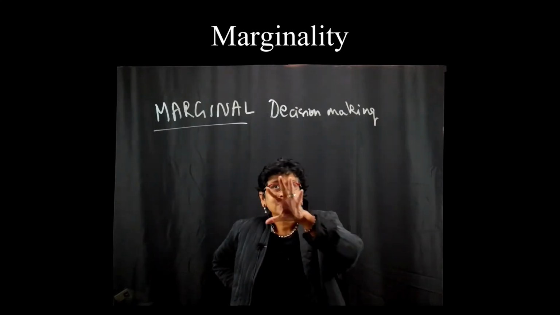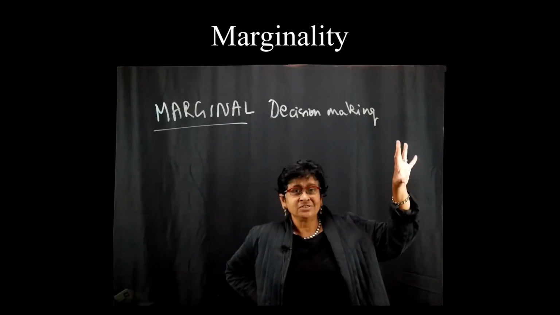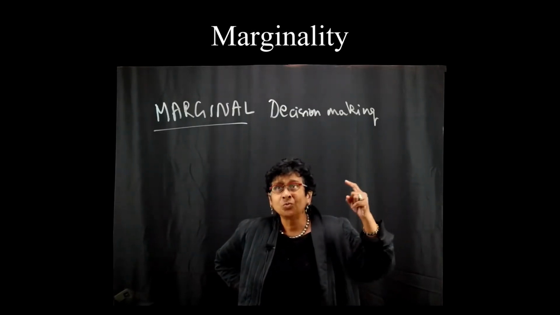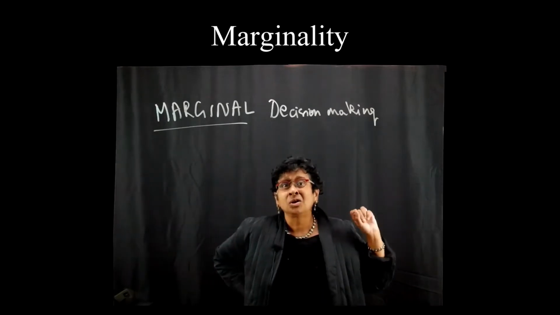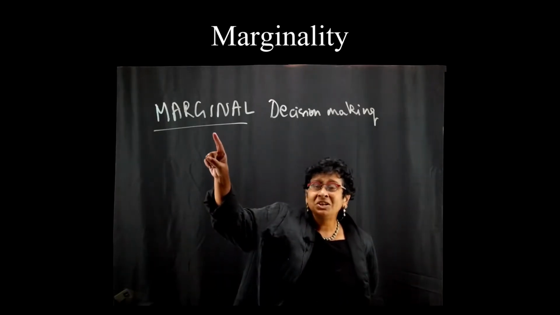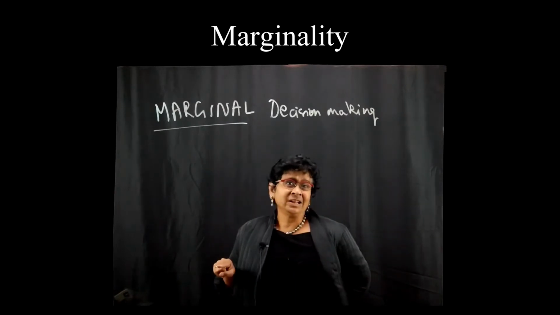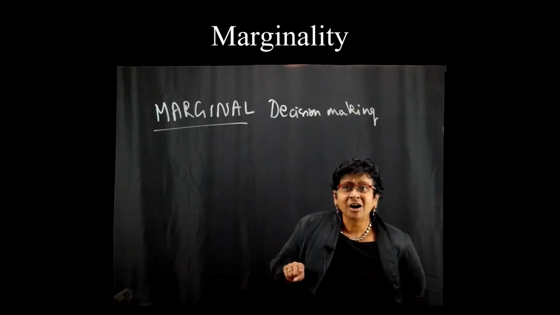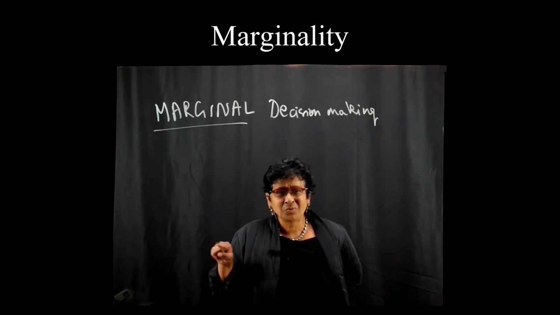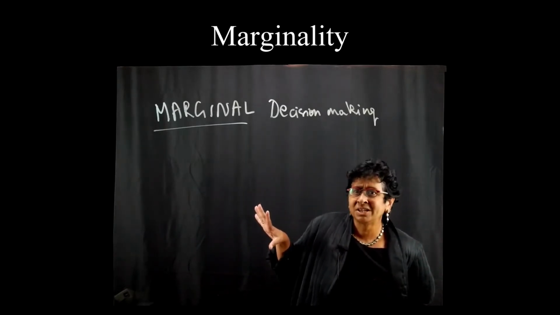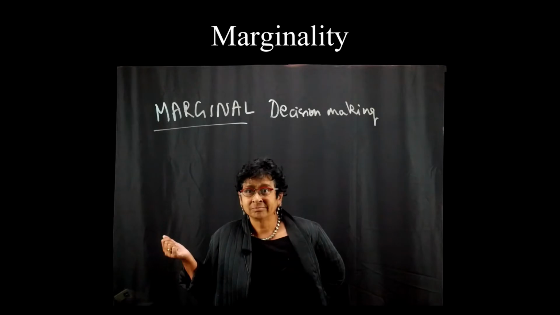It turns out this idea of marginal maps onto the idea of derivative, but it's important to know what this idea of marginal means in economic terms. Because if we don't know what it means in economic terms, and we're very good at calculus, then what we've got is we're really smart at calculus, we have no idea what it means in economics, garbage in, garbage out.